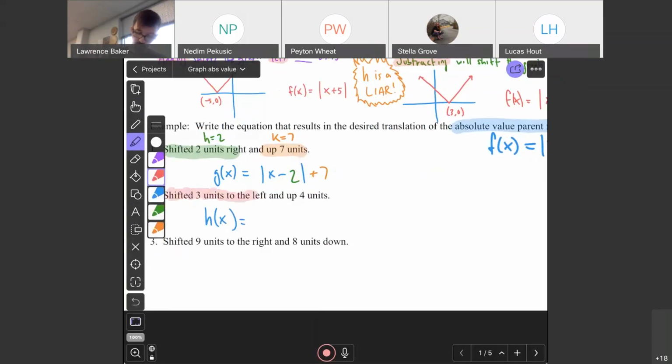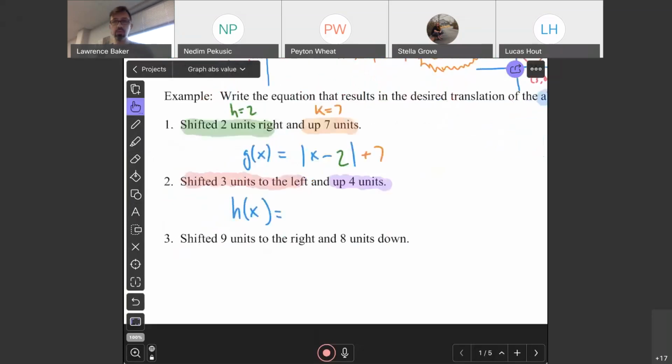So how would we get it to move 3 units to the left and 4 units up?